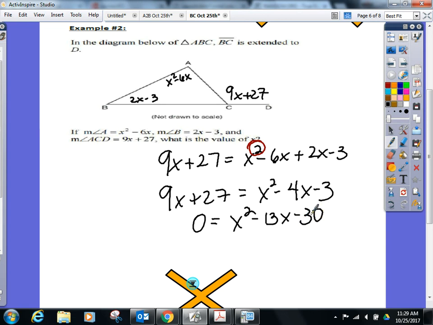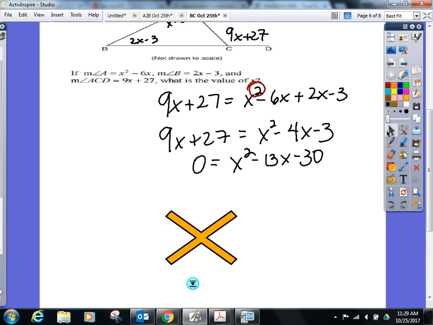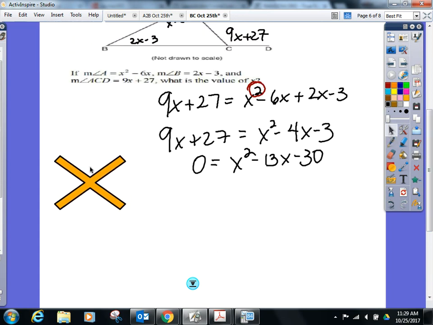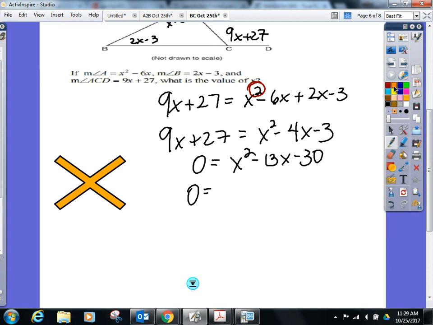All right, here we go. We're not shying away from it. Again, this was an old Regents question. I prefer not to use the quadratic formula here, considering the number out in front is 1. Anybody remember the game you're trying to play?